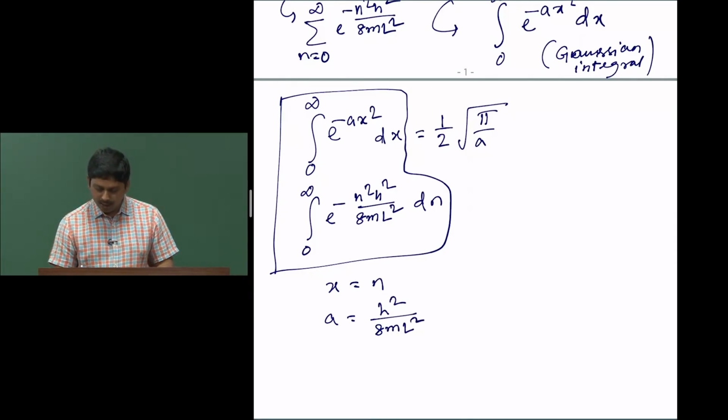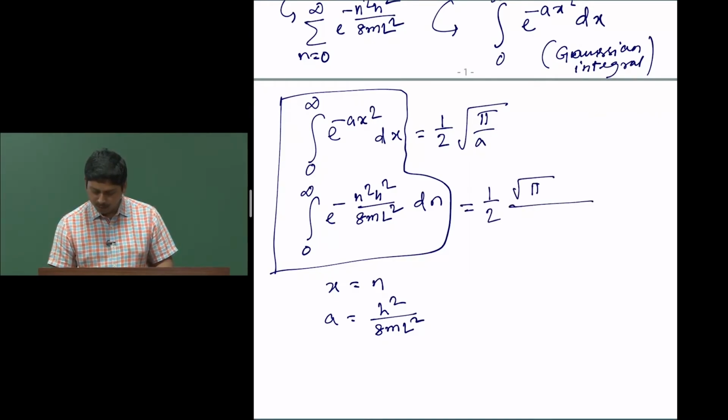Therefore, my result for this particular integration will be half root over pi by root over a, which is root over of h square by 8 m l square.